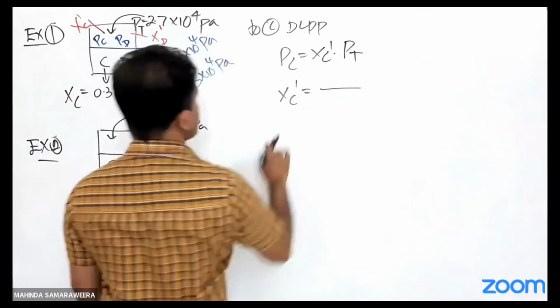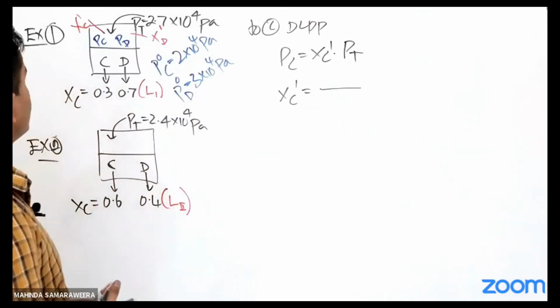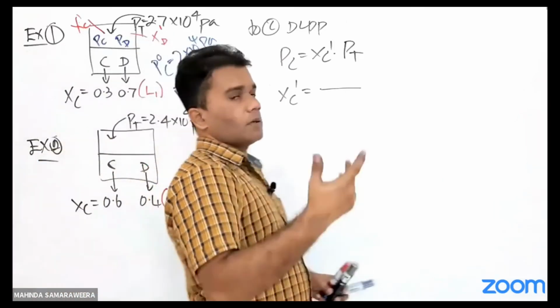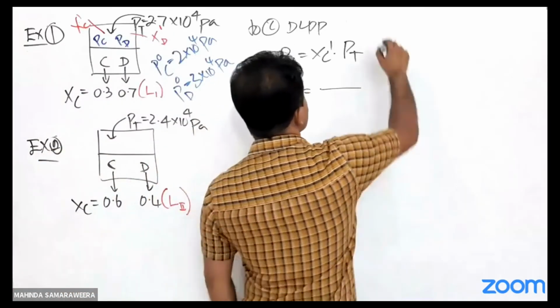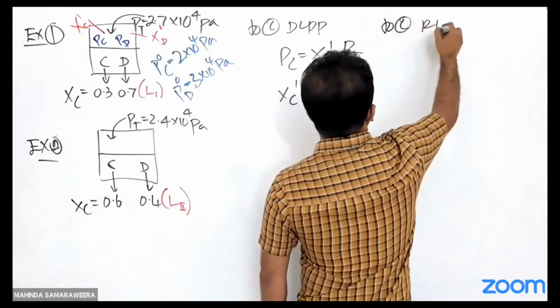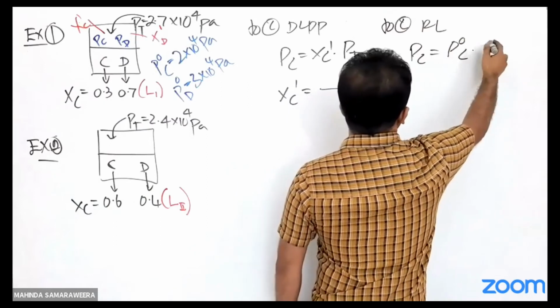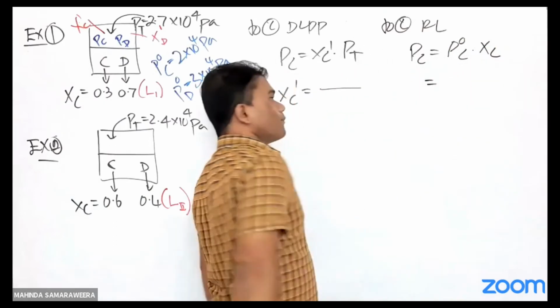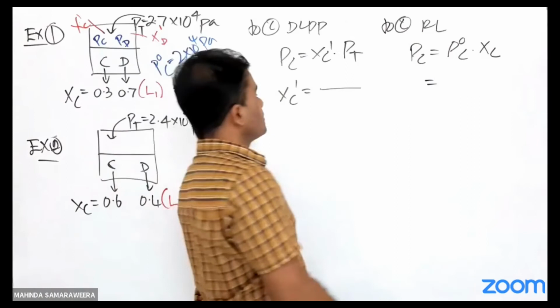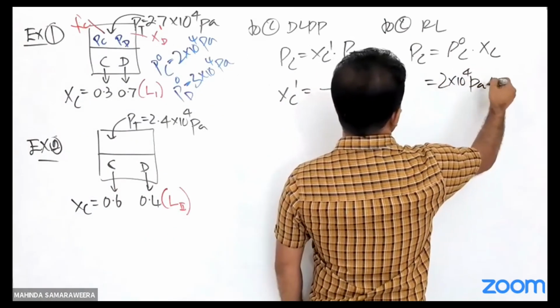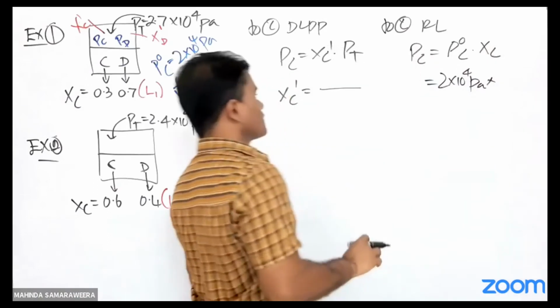Do we know PC? We did not calculate PC. We got P naught C and mole fraction. PC can be calculated by applying Raoult's law to C again. Then PC will be P naught C into XC. Now we got P naught C, 2 × 10⁴ Pascal, and XC is the mole fraction of C in liquid phase.